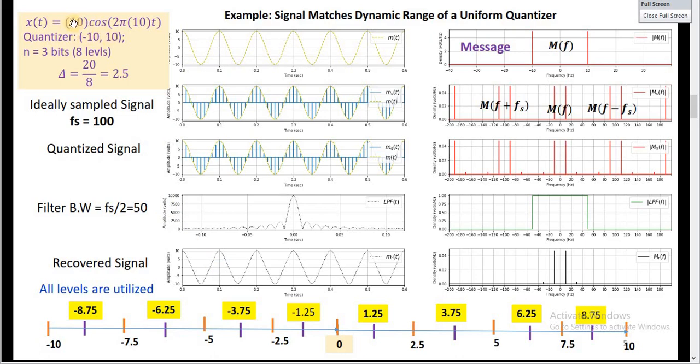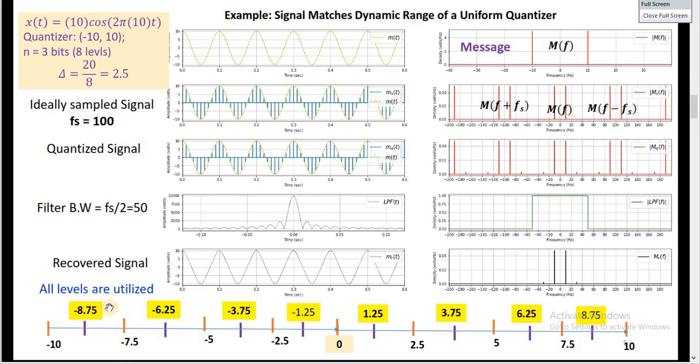The signal extends between -10 volts and 10 volts, and the quantizer dynamic range also extends between -10 and 10. So the range of values for the signal matches the quantizer dynamic range.